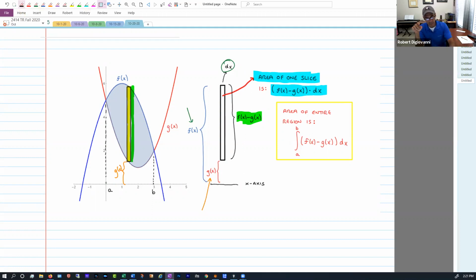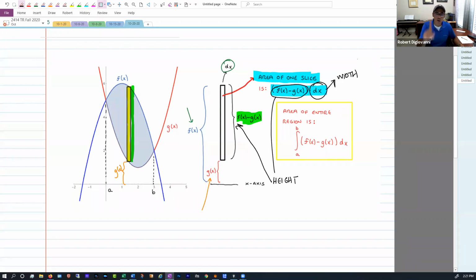It's this piece right here, which is the height of the rectangle, and then this dx is the width. That would give me the area of one slice. I want to add up an infinite number of them. So what I do is I just throw the integral sign in front of this, a to b, and that gives me the infinite number of them added up.